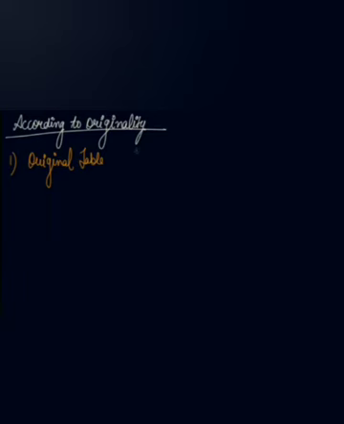Original table. Now, according to the originality, the tables are divided into two parts, that is original table or the derived table. See, when you present the data in the table in the same form and manner in which they are collected, then it is the original table.